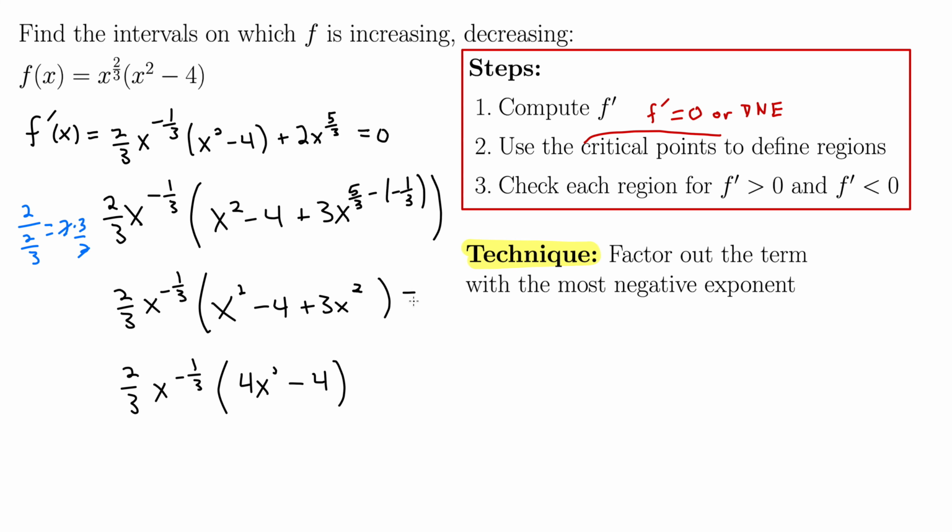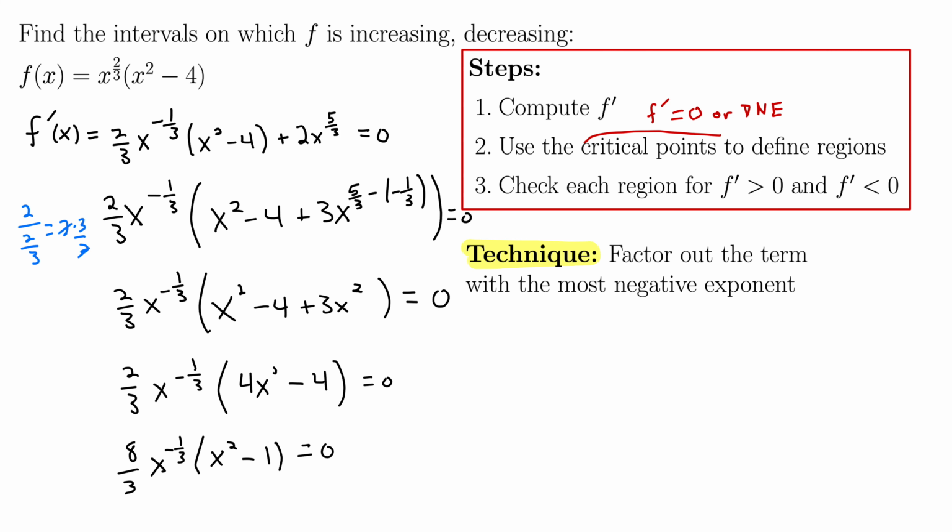And each one of these equals 0, by the way. I'm getting a little sloppy here. Equals 0, equals 0. And just to really simplify things, let's factor a 4 out of these second two terms here. So that gives us 8/3 x to the negative 1/3 times the quantity x squared minus 1 equals 0.